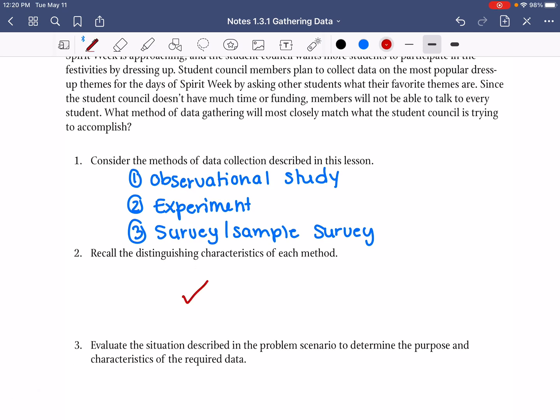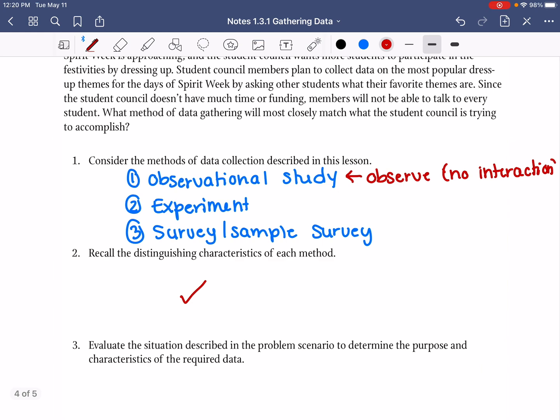We're gonna have to write it down. Observational study, you just observe, no interaction. Experiment, you subject them to something. And for a sample or survey, this is where you ask questions.